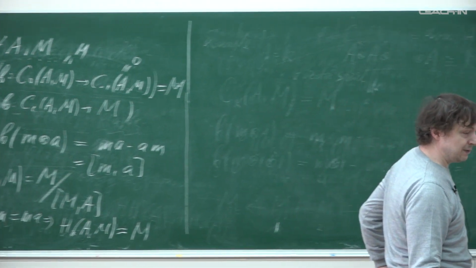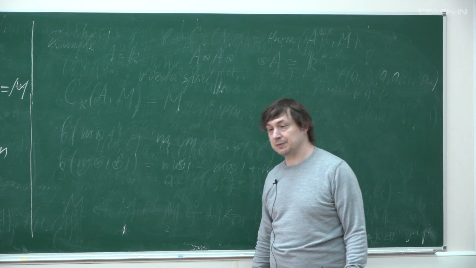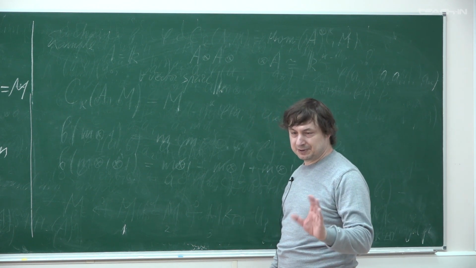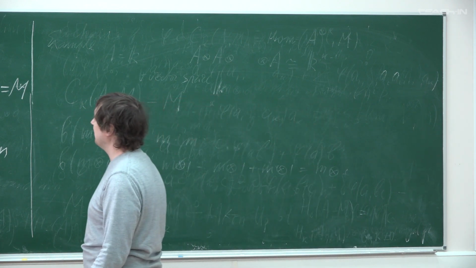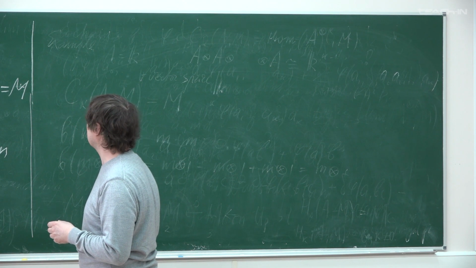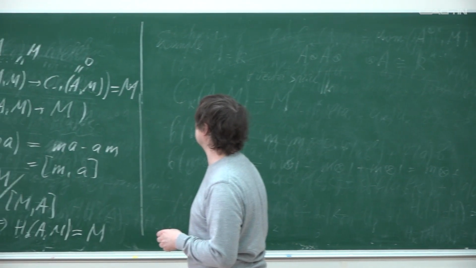But describing the image of the boundary map from C_2 to C_1 can be quite tricky. So I'm not going to do it right now. I'll probably speak about this a bit later in some particular cases.